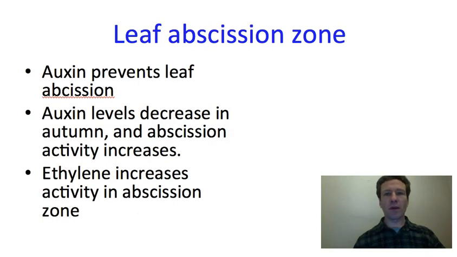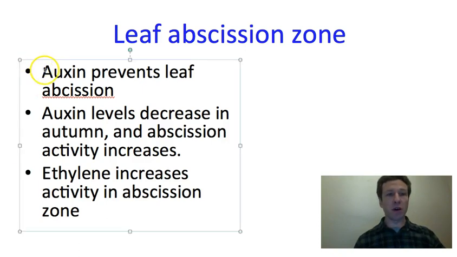So we will talk about the process of abscission and how it is hormonally controlled here. There are 2 hormones involved in leaf abscission. The first one is auxin, and the second one is ethylene. Now, auxin is made in leaves as well as other places like the stem apical meristem.